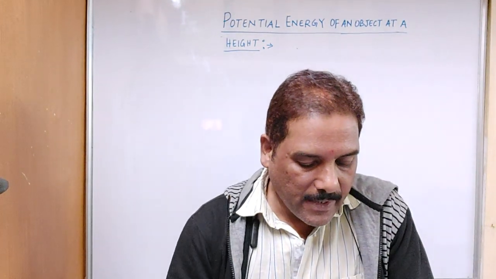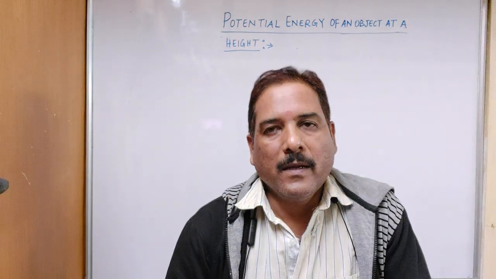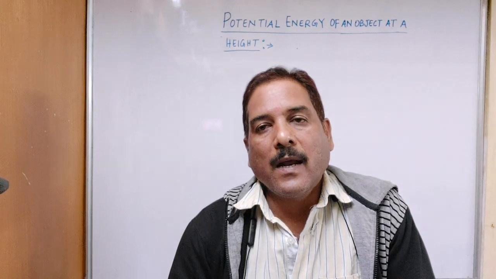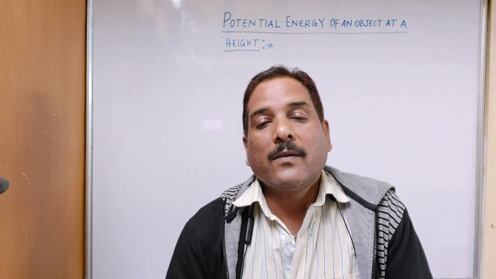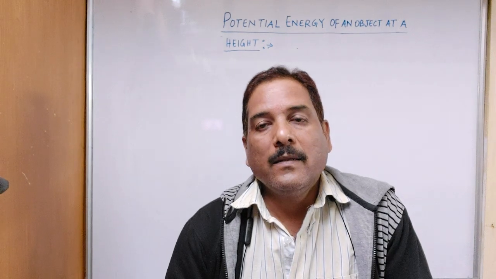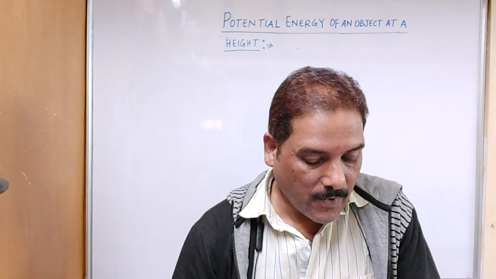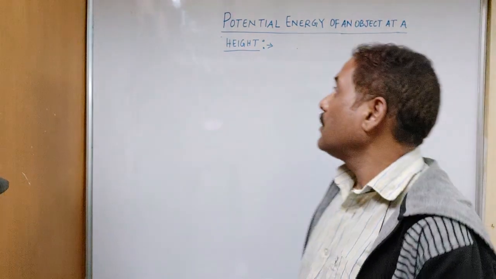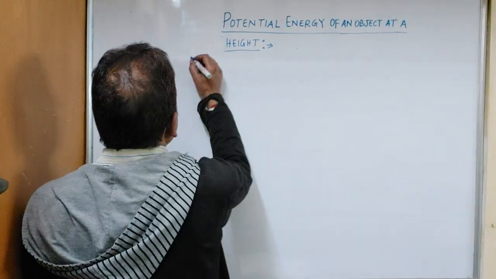The energy present in such an object is the gravitational potential energy. So if we are doing work against gravity, and due to this work the object acquires energy, then this type of energy is called gravitational potential energy. First write a definition for it.